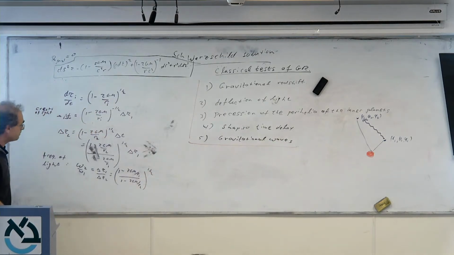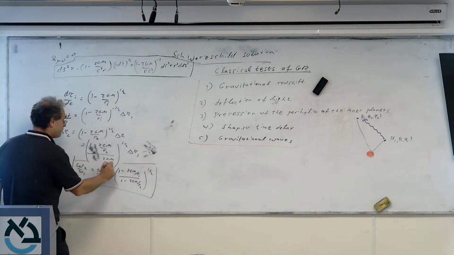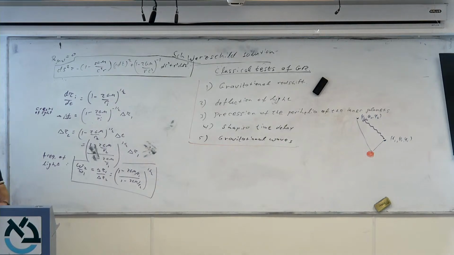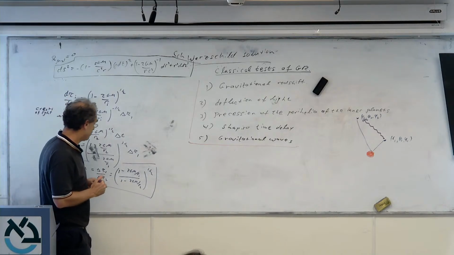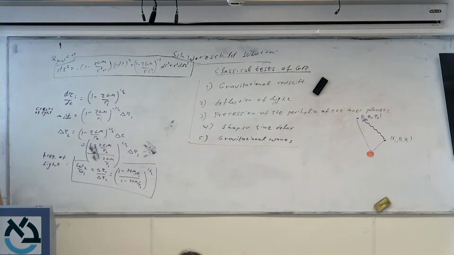This is the exact result. Remember, we have basically derived that result in the weak field limit. But this is the exact result in the Schwarzschild metric. It's good enough for us.